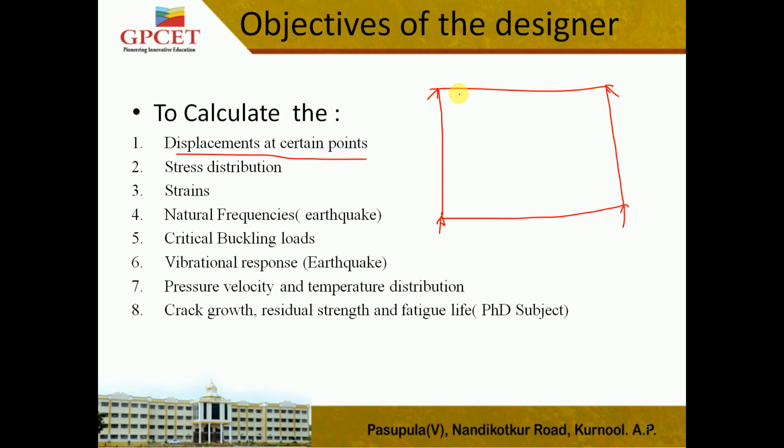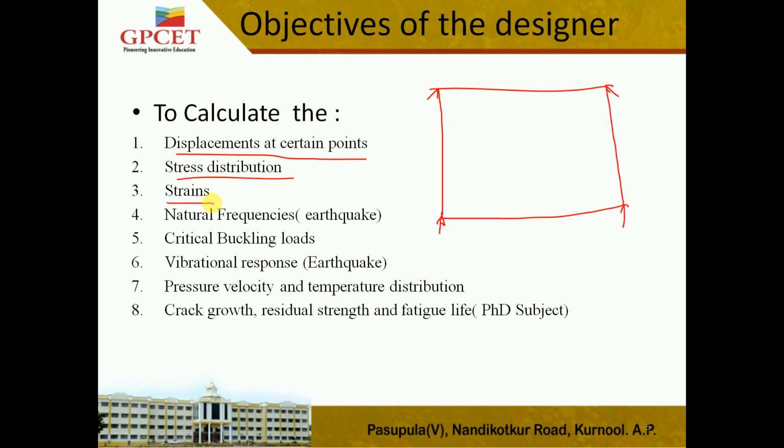I will explain all these things in upcoming sessions. But today, the objectives of the engineer are the displacements at certain points, and the stress distribution, how the stress varies with respect to the load. We definitely have to find that as designers, and also the strains, where the strain is minimum and where it is maximum.